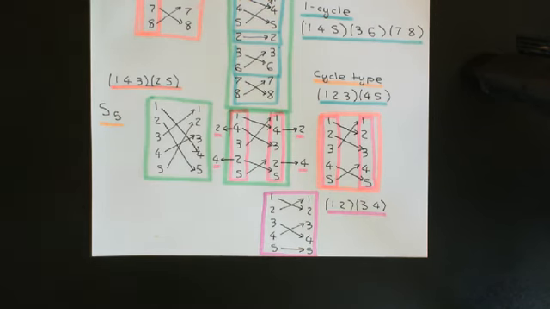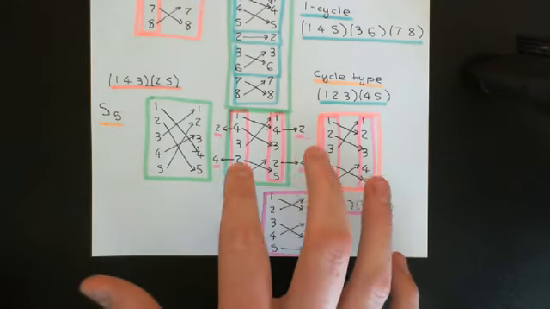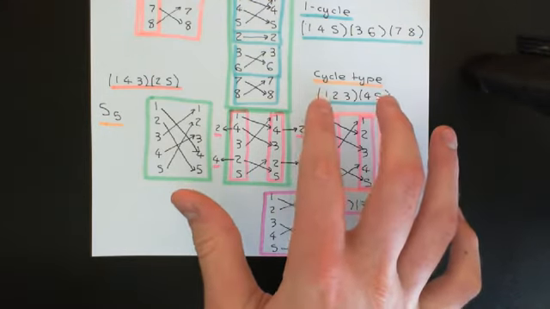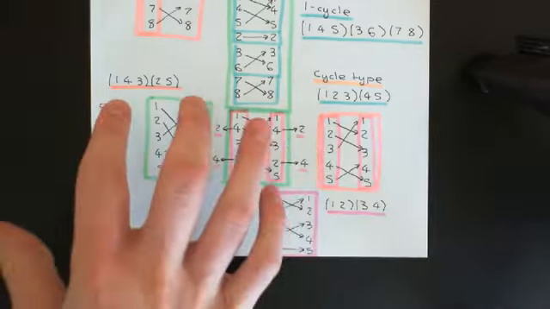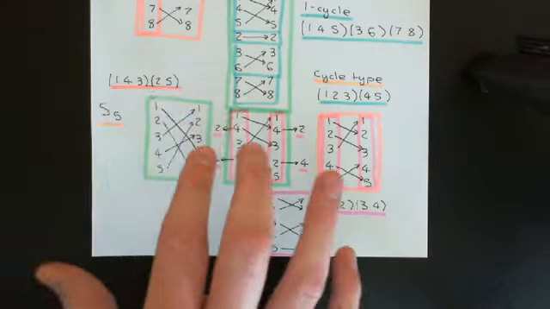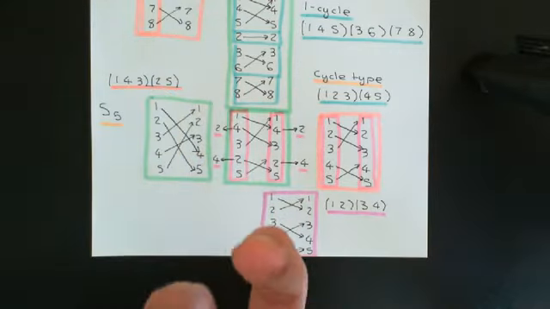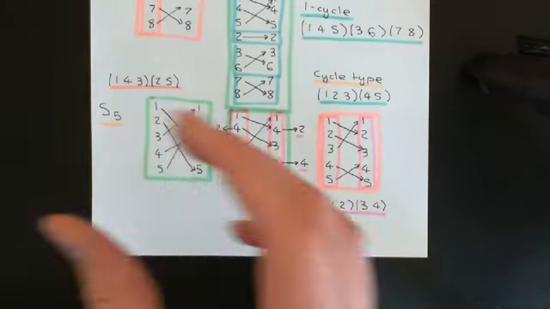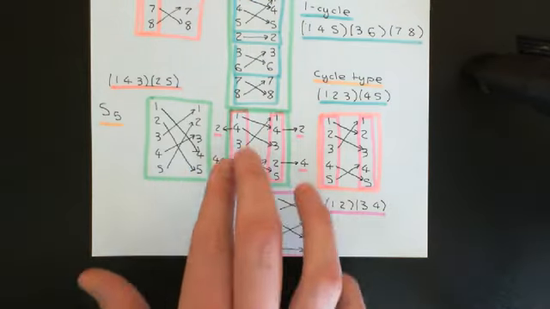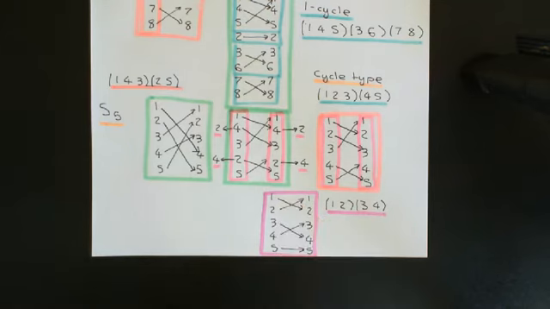So that gives us a deeper meaning to what it means to have the same cycle type, that the fundamental structure of the set permutation is the same. These two have the same fundamental structure. They're slightly different in what elements they're actually sending where, but their fundamental structure as a set permutation is the same.